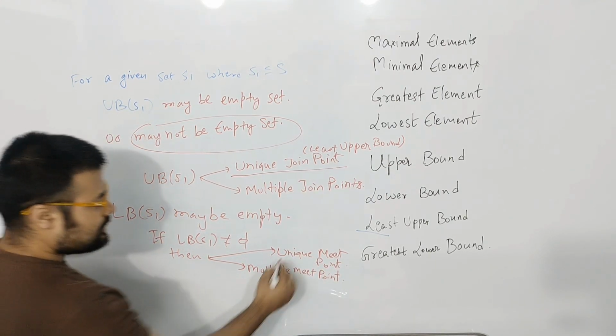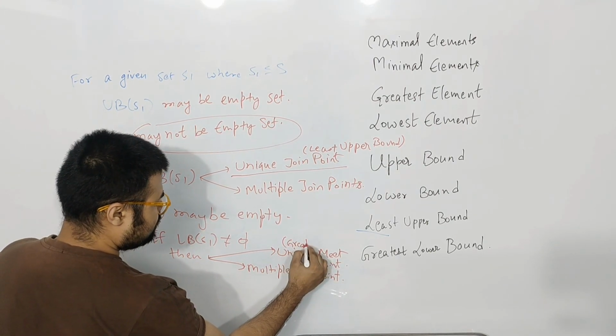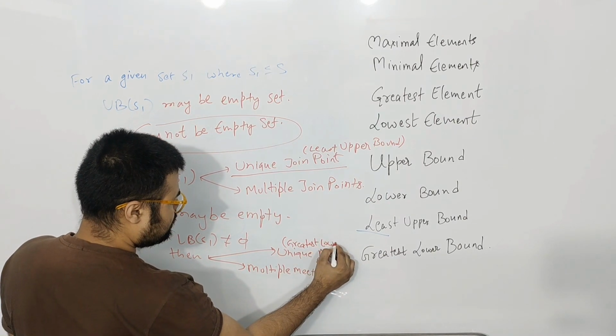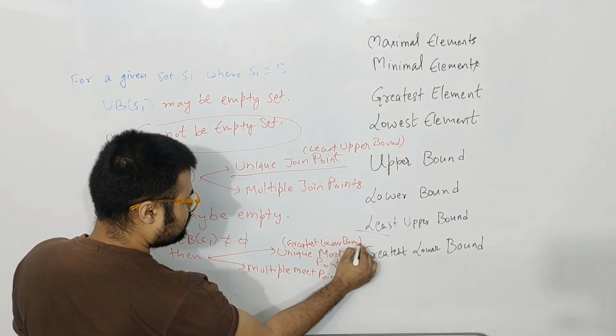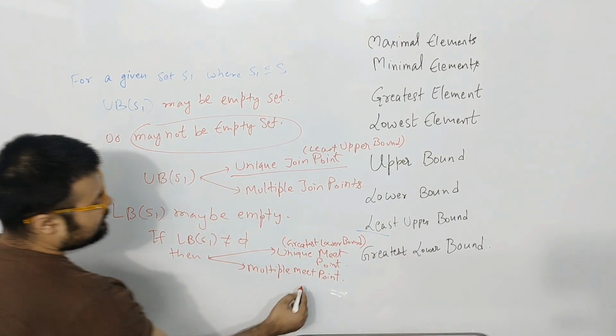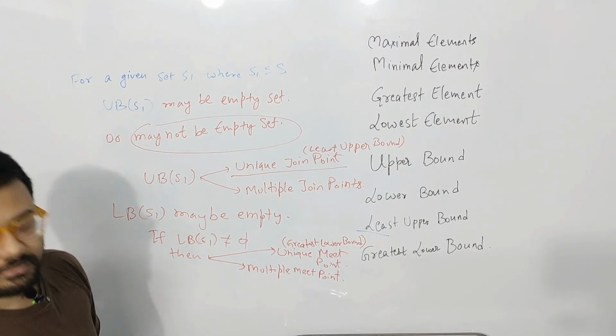A unique meet point means this is the greatest lower bound, and multiple meet points mean the greatest lower bound does not exist. Thank you very much.